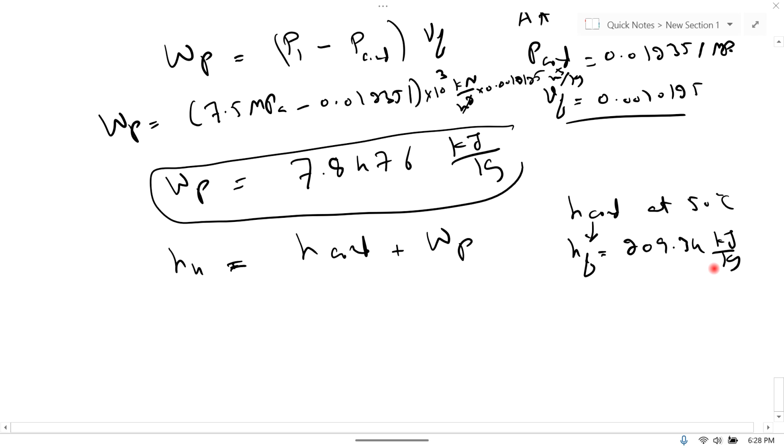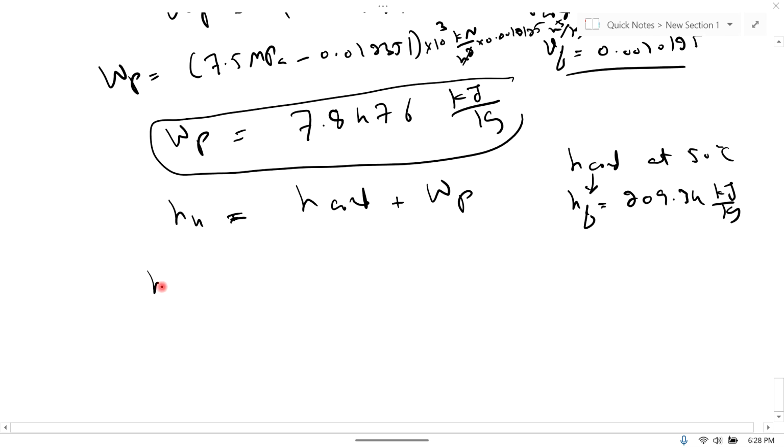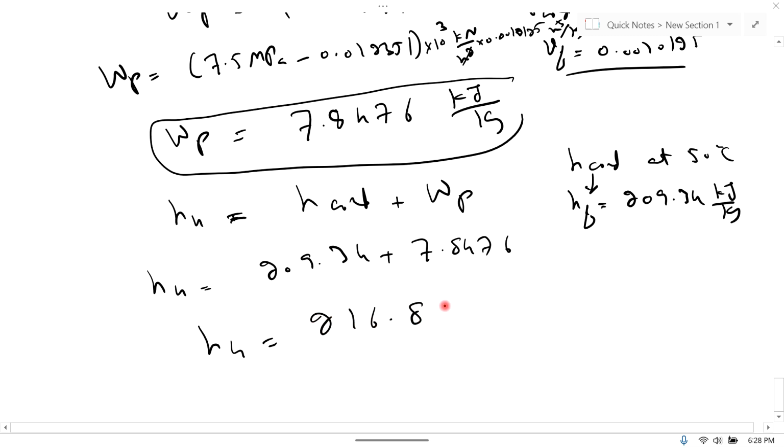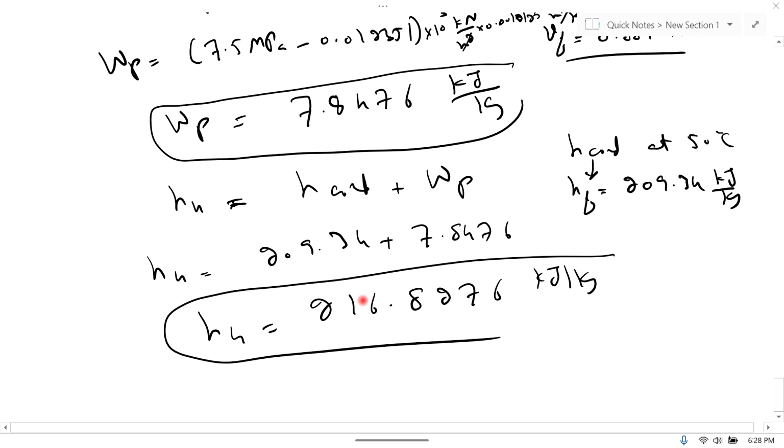So H4 will be equal to 209.34 plus 7.8476. So H4 is equal to 216.8276 kilojoule per kilogram.